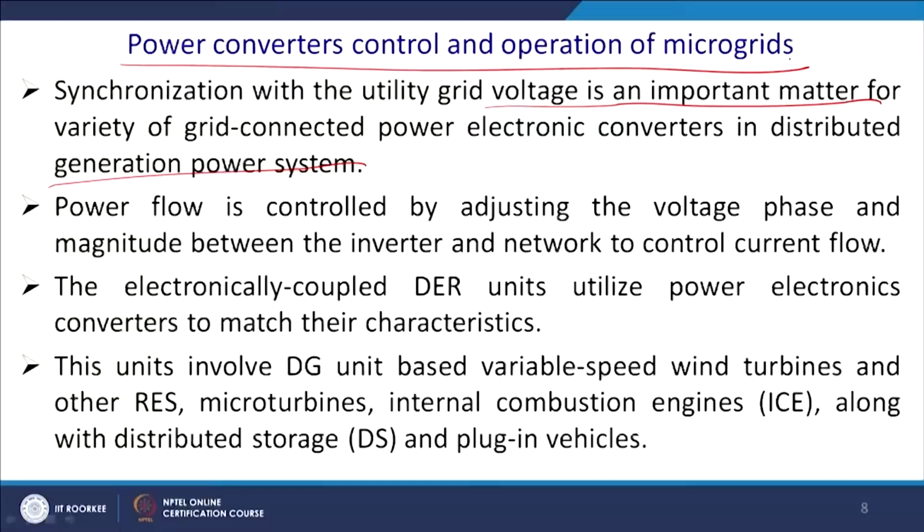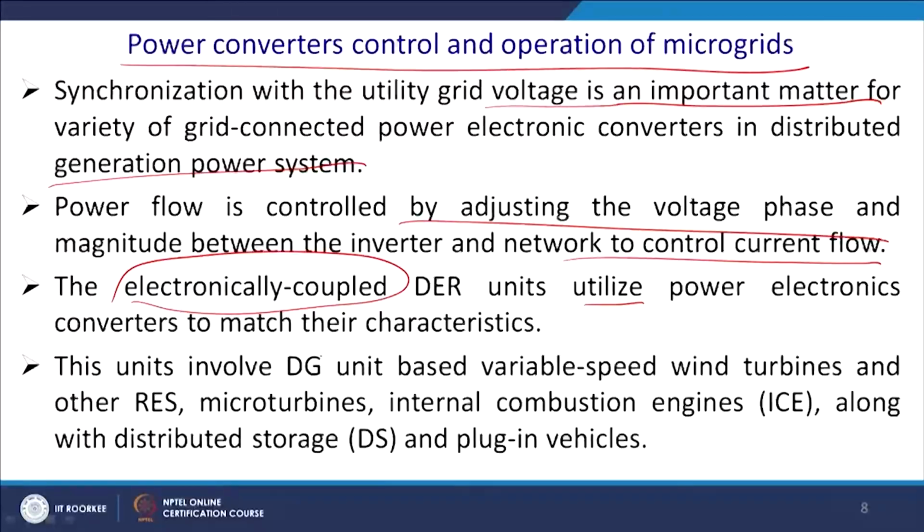Power flow is controlled by adjusting the voltage phase and magnitude between the inverter and the network to control the current flow. The electronically coupled DES units utilize power electronics converters to match their characteristics.